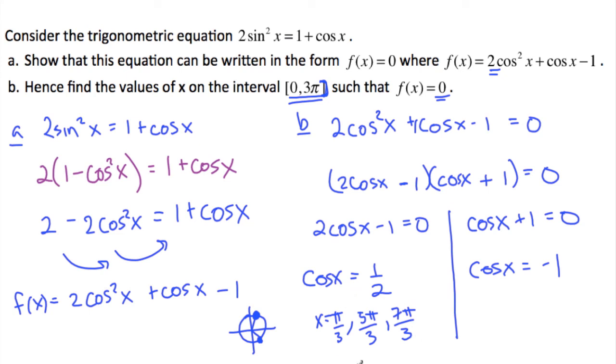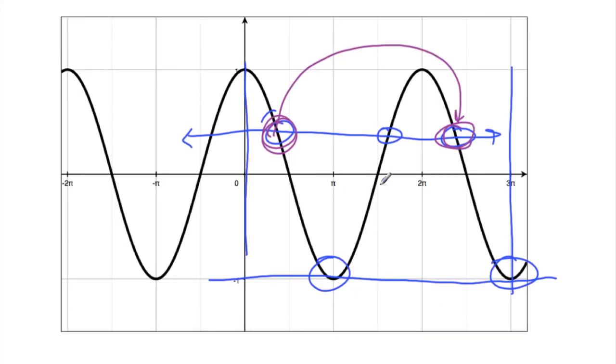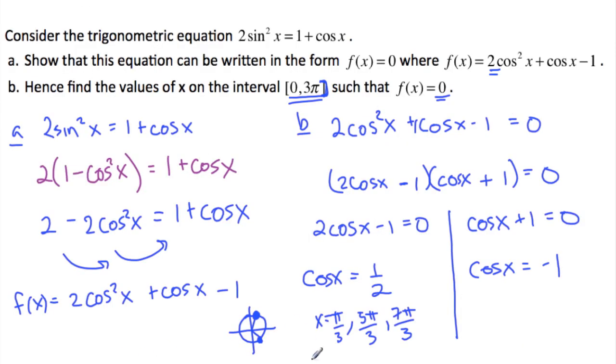Yeah. Cool, there's 3. And then we can jump into this one really easy. When is cosine equal to -1? Well, that happens at pi, so x equals pi. And then it's going to happen again 2 pi later, which is going to be 3 pi. So there's your first solution.